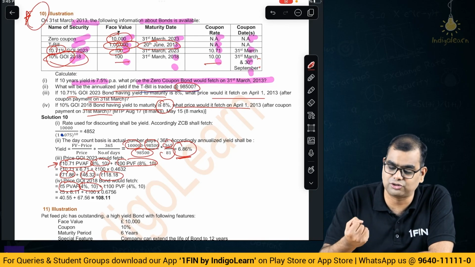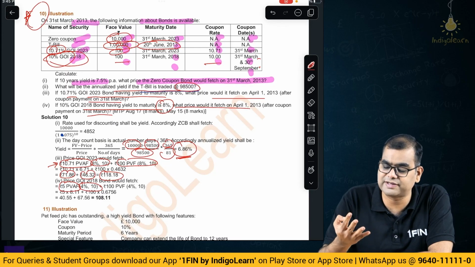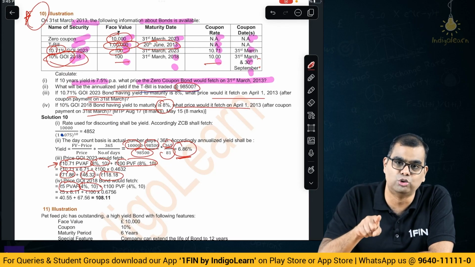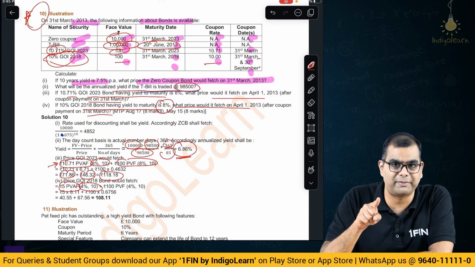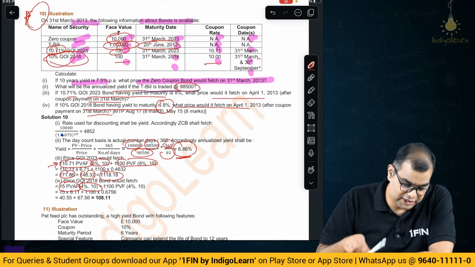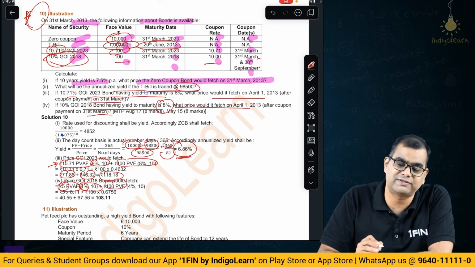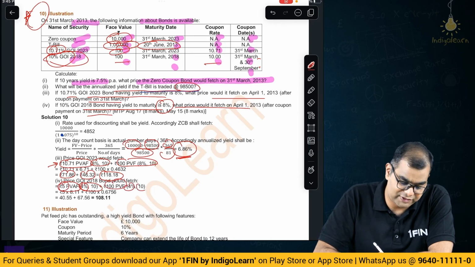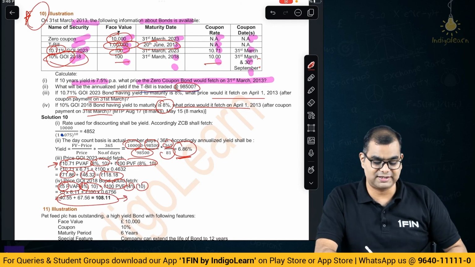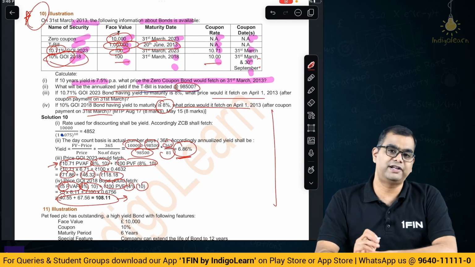So 13 to 14, 15, 16, 17, 18. You have 5 years, 5 years into 2 interest payment dates. So 10 periods. For each period, 4% for 5 rupees, and the balance 100 rupees, the maturity value at 4% after 10 periods, you arrive at a value. You get 108.11. So this is another kind of variety of problems that you can get.